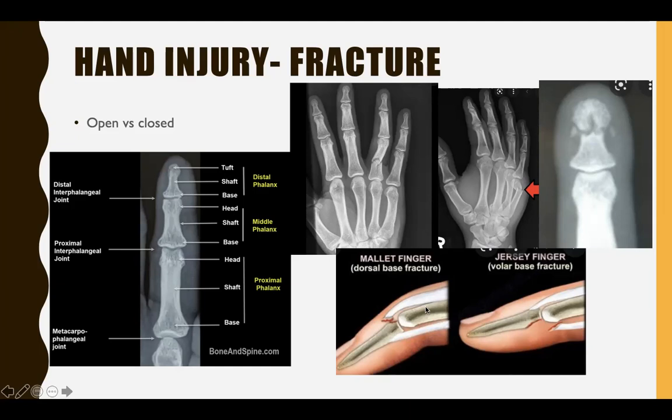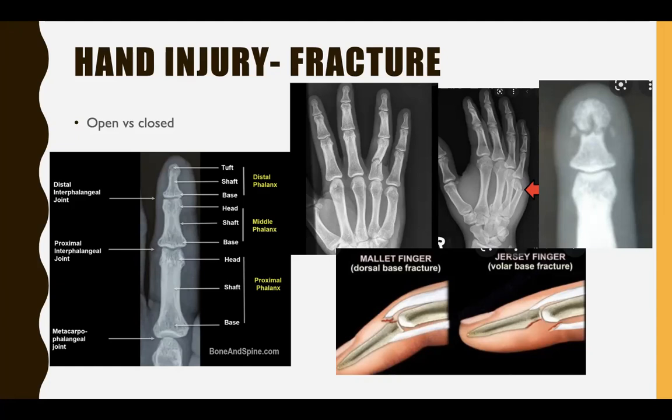And just talking about the distal phalanx, you can get a mallet finger. So if you have forced flexion, the insertion of the extensor digitorum communis, EDC, into the distal phalanx can avulse off and you get a mallet finger like this. Alternatively, on the other side, if you have forced extension while you're flexing, this is called a jersey finger.